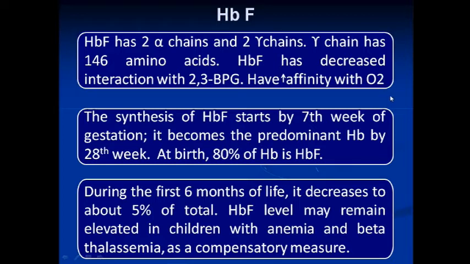The synthesis of hemoglobin F starts by the 7th week of gestation. It becomes the predominant hemoglobin by 28 weeks. At birth, 80% of hemoglobin is fetal hemoglobin. During the first 6 months of life, it decreases to about 5% of total.